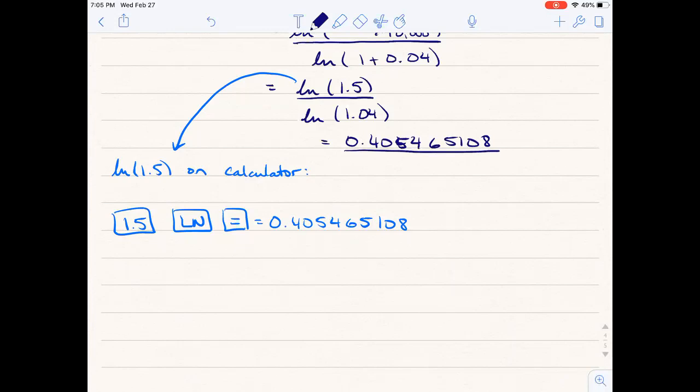divided by, and I'm going to store this in 1, just jotting that down. And then 1.04, take the log of it, is 0.0392200713, and I'm going to store that in 2.